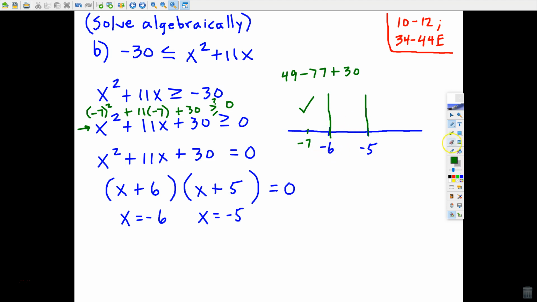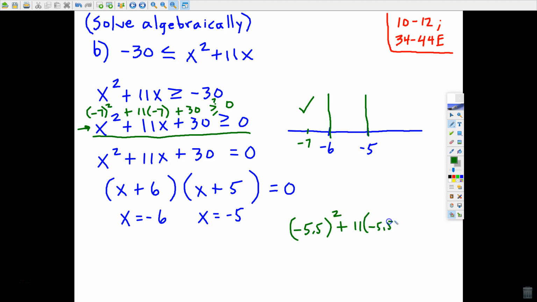Okay, let's try a number between negative 6 and negative 5, like negative 5.5. I'll just come down here. So I'm plugging into my inequality, negative 5.5 squared plus 11 times negative 5.5 plus 30. Is that greater than or equal to 0?